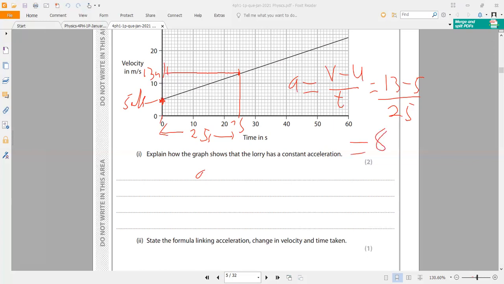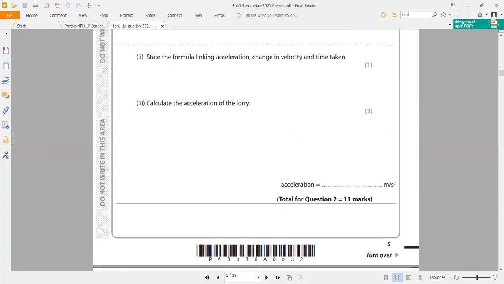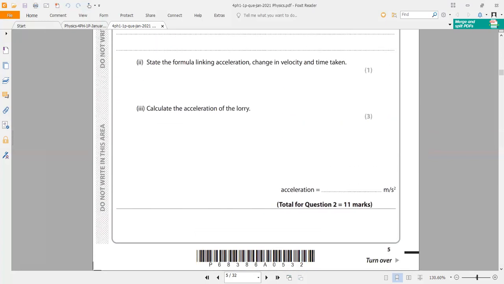On solving, we have 8 all over 25, which gives us 0.32 meters per second square. So that is the acceleration of the lorry: 0.32 meters per second square.